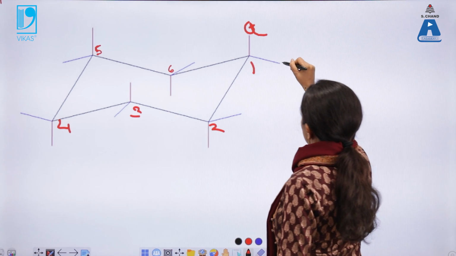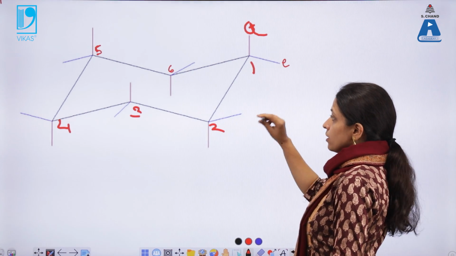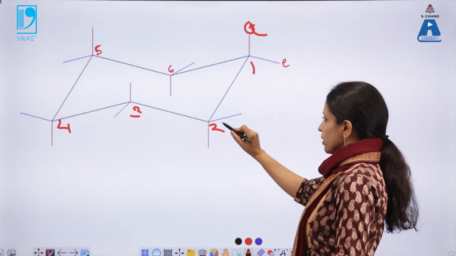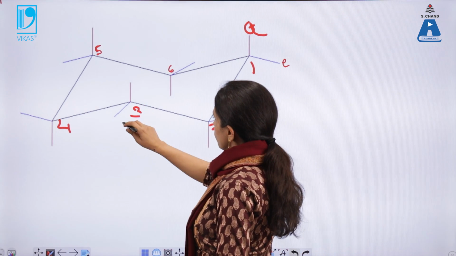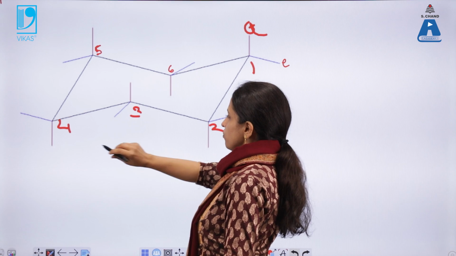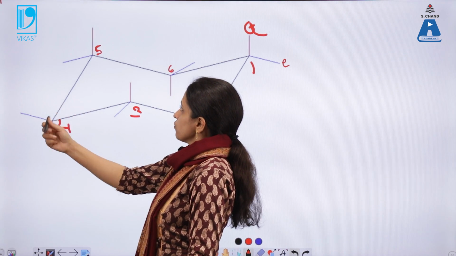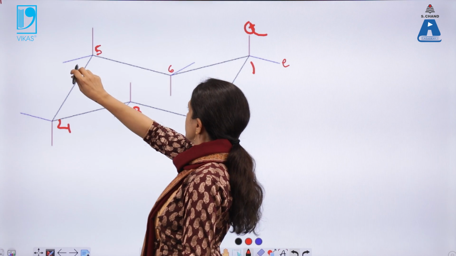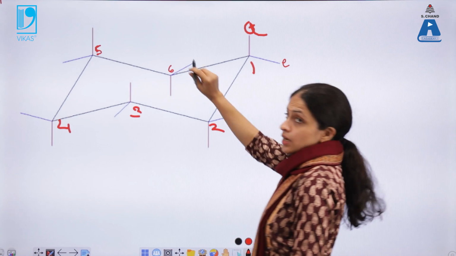The equatorial bond at C1 is down, inside the plane of the paper. C2 equatorial is outside the plane of the paper. C3 equatorial again inside. C4 equatorial is outside. C5 equatorial is outside the plane of the paper, and C6 equatorial is inside.